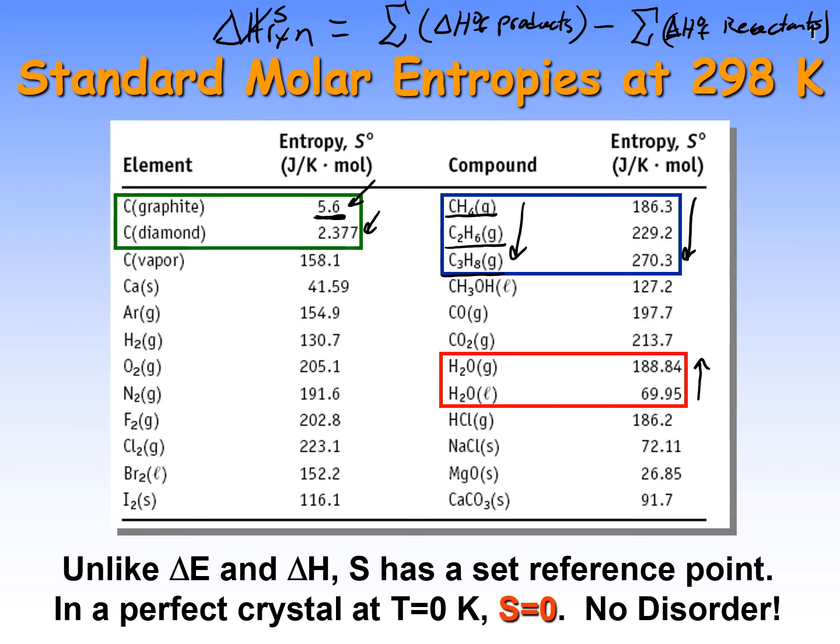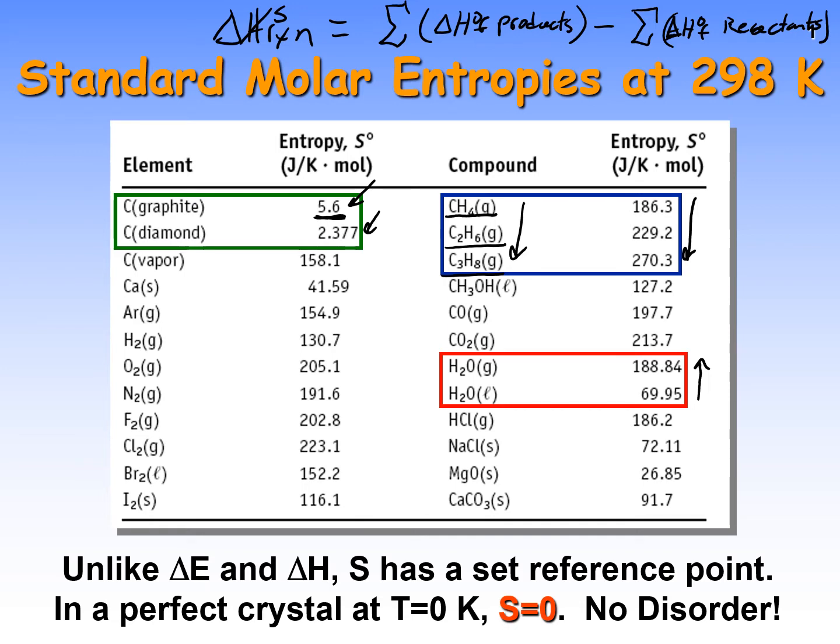In that scenario, we define that as being an S value of 0. So your standard molar entropy for a perfect crystal at 0 Kelvin is 0 and therefore has no disorder. And for that reason, generally, with one small exception of ions, which we're not going to focus too much on in this chapter, almost all of our standard molar entropies are positive.